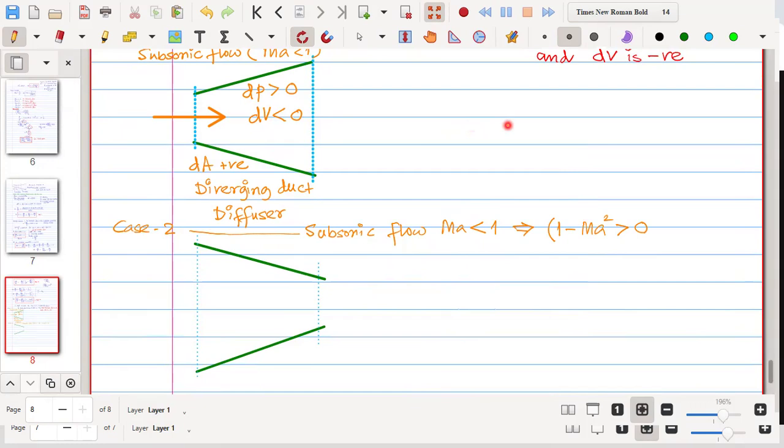So therefore here area decreases. So if dA is negative, decreasing area.